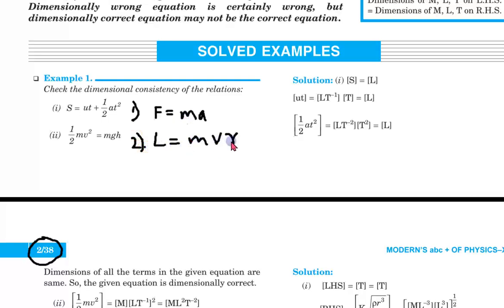R is radius. So you'll check the correctness of these two formulas by using dimensional formula, as I have solved number 1 and 2. You can solve and submit these problems before 6 p.m. today itself.